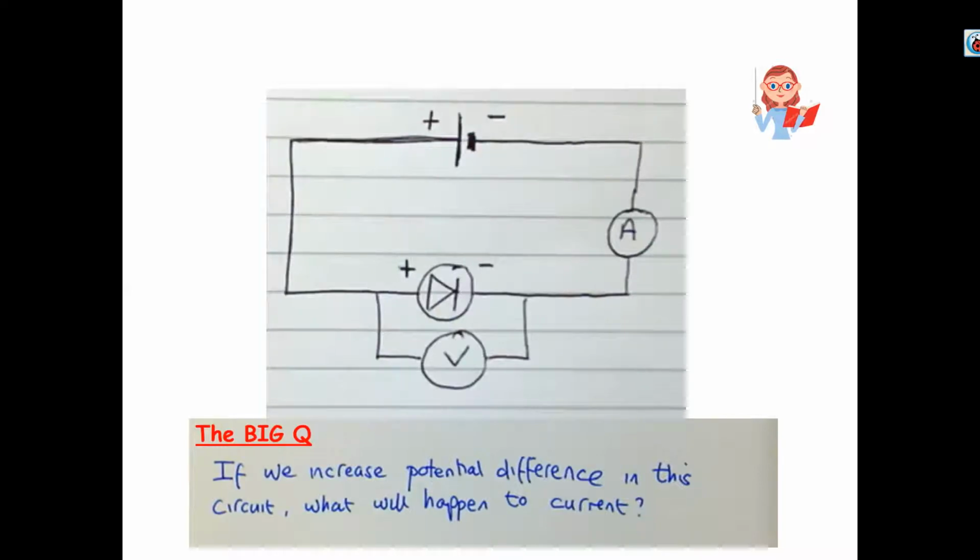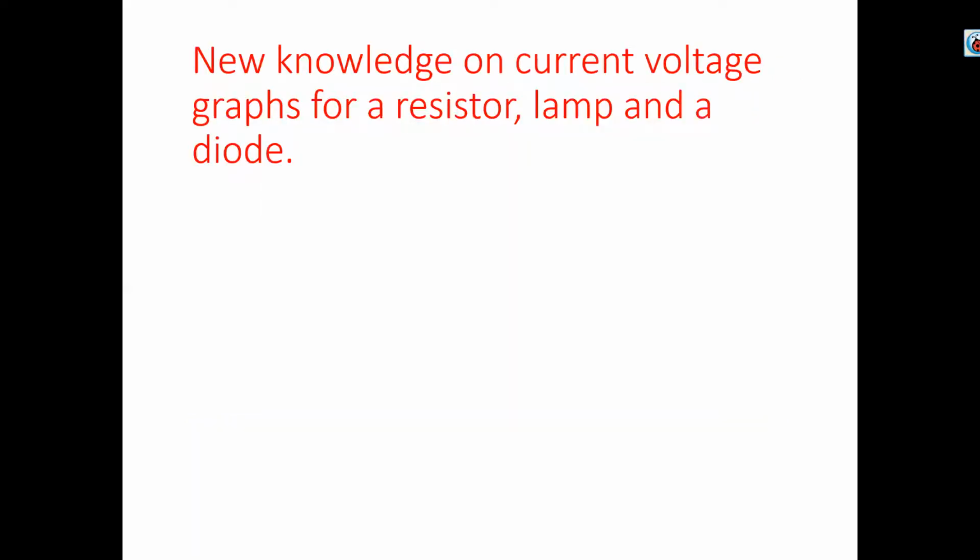And there's our third circuit, with a diode plugged into the circuit, which is our third device that we're looking at today. For each one of those circuits, as we increase the potential difference, what happens to current? That brings us nicely onto our next piece of new knowledge. In fact, there are a couple of pieces of new knowledge that we're now going to model under the camera.